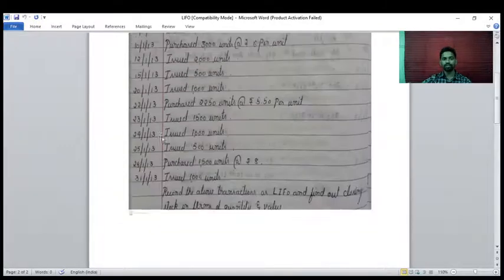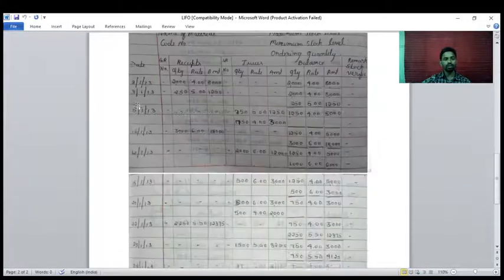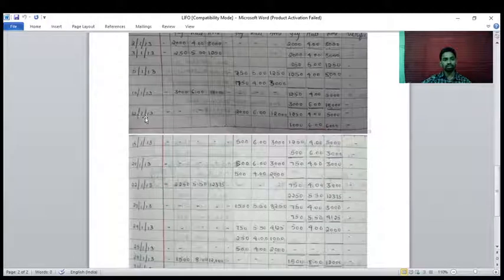Now see the next transaction: 12th January 2013, issued 2000 units. We have to issue 2000 units from the last lot.